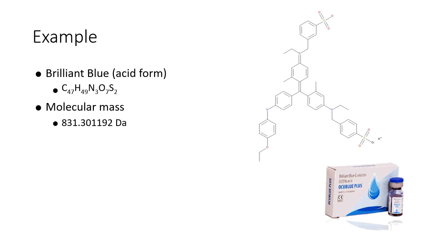Brilliant blue is a dye that's used in medical processes, food colorants, and for coloring pharmaceutical products. And it has the formula C47H49N3O7S2, and that corresponds to a neutral molecular mass of 831.301 daltons.